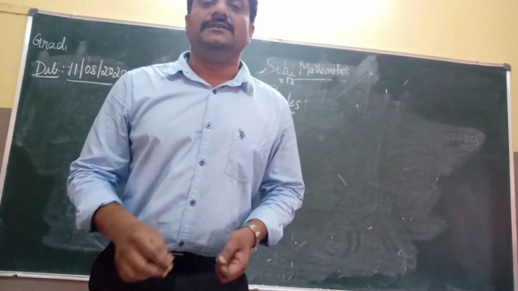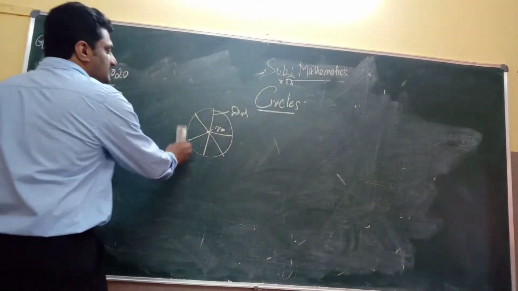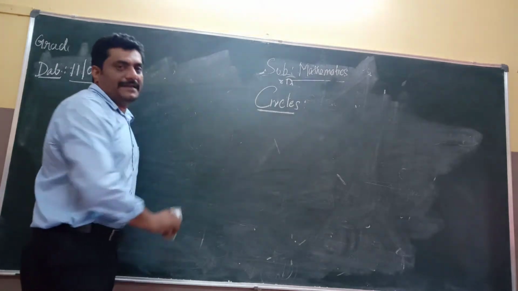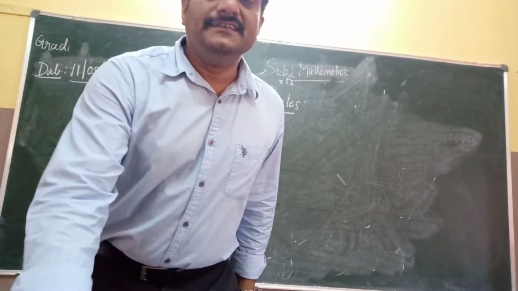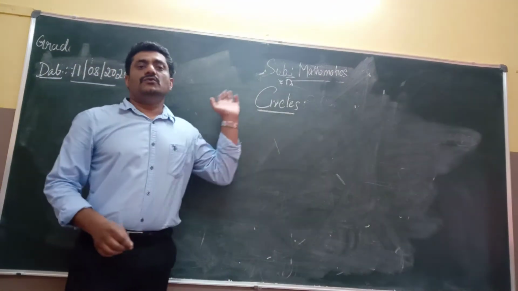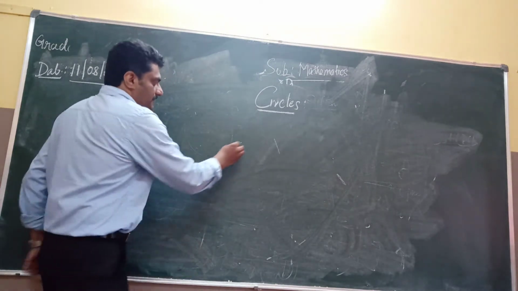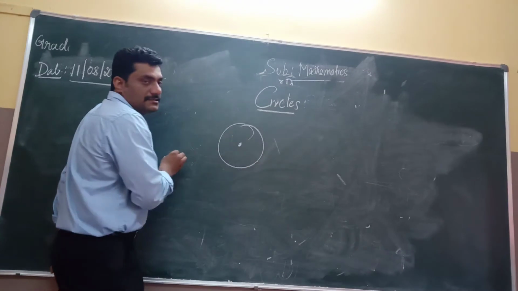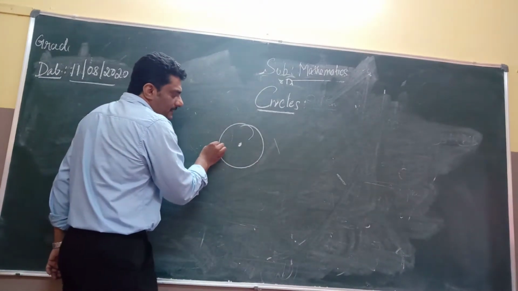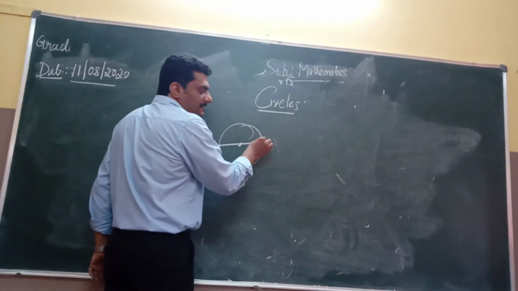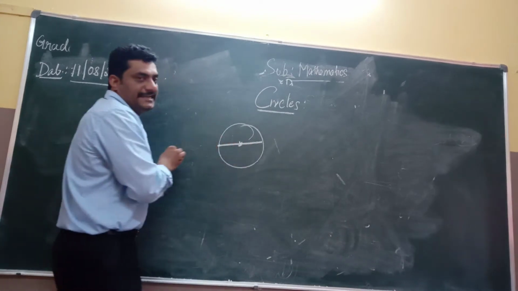Similarly, what is the diameter? Diameter is again a line segment joining one edge to the other edge, passing through the center. This is a circle. From this point you pass to the other, but it has to pass through the center.